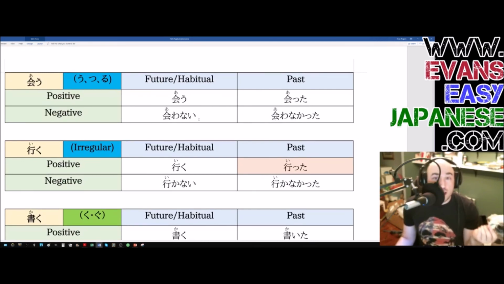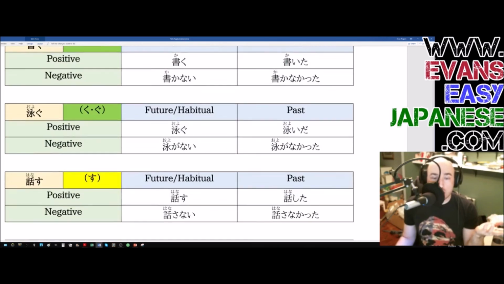One thing you might have noticed, and this is important for everybody who wants to learn kanji, did you notice how everything that changes about the verb is left out of the kanji? A, u, a, ta, a, wanai, a, wanakatta, iku, itta, ikanai, ikanakatta, right?